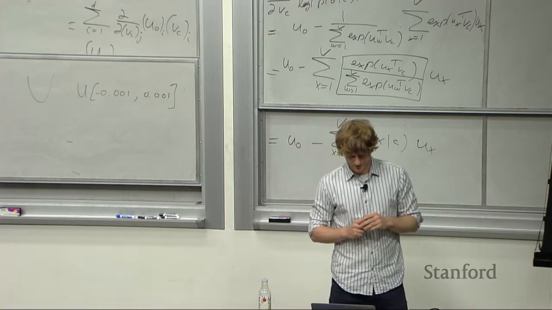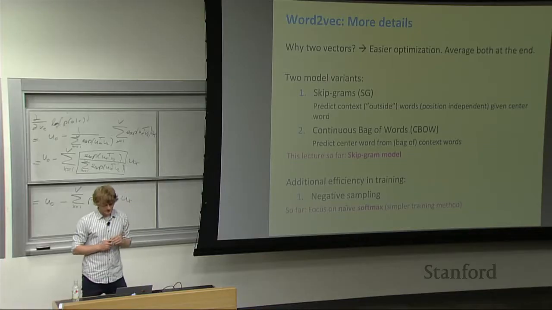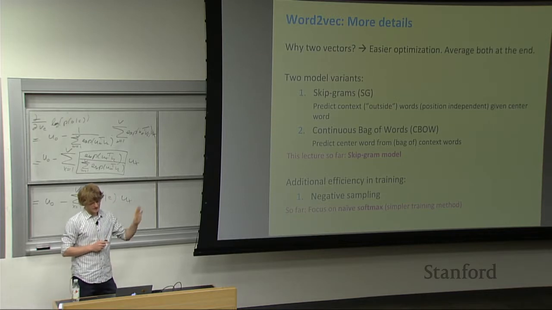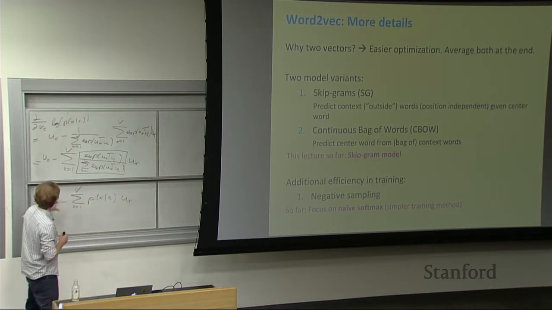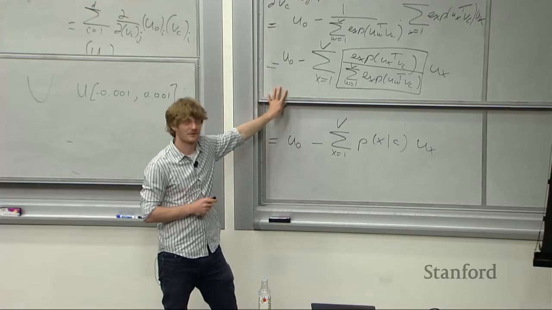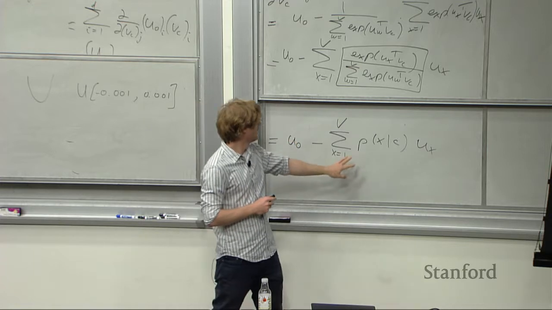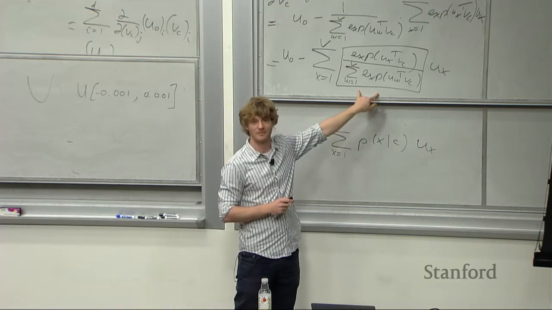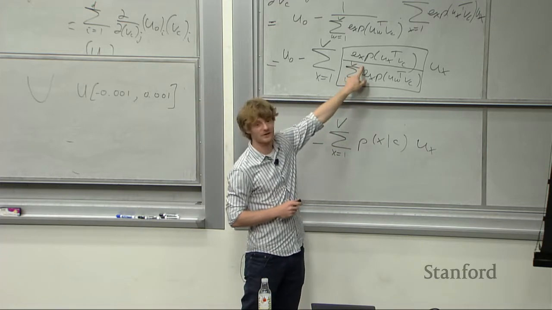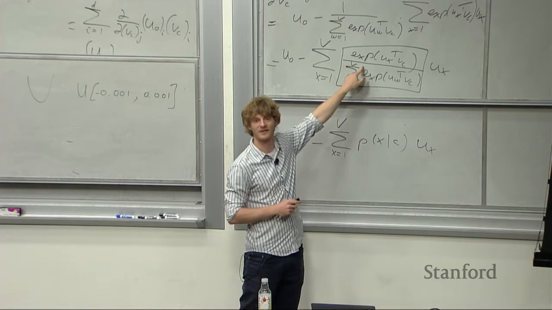OK. The other one, and hopefully we'll get to that in the next 12 minutes, is that we'll also look at negative sampling. So you might think every time you want to update one vector here in this equation, you have to compute this entire sum. But this vocabulary could be 100,000 or 500,000.